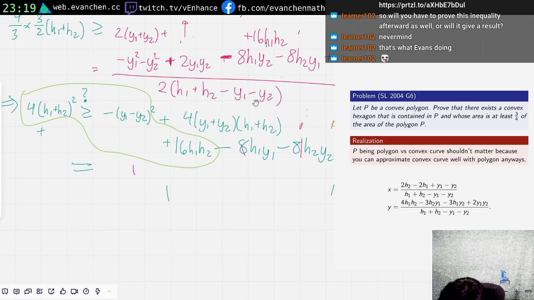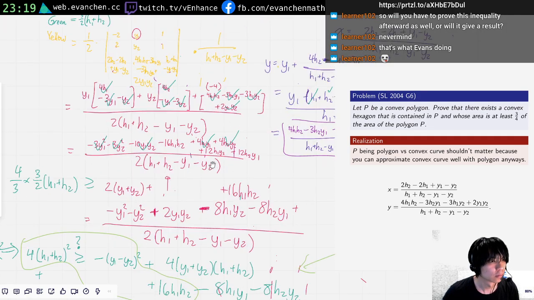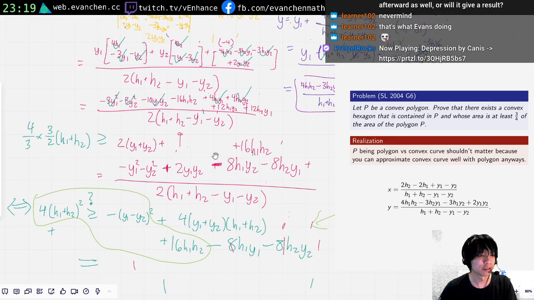Like once I get a 12, I think the inequality should be the thing on the green. I really think it should be. But it's not working. And why is it not working? Because I miss something up here?